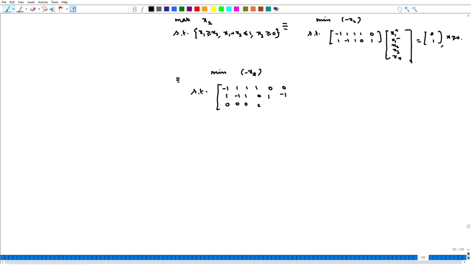Here you just have all zeros and a 1, and this is multiplied by x1 plus, x1 minus, x2, x3, x4 and x5, and the right-hand side is 0 0 and 1, and x is greater than or equal to 0, nothing to change here.